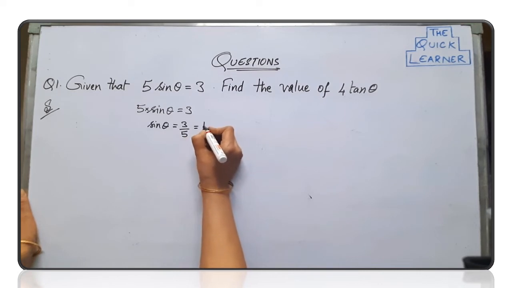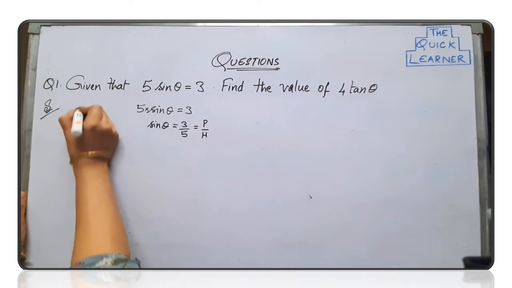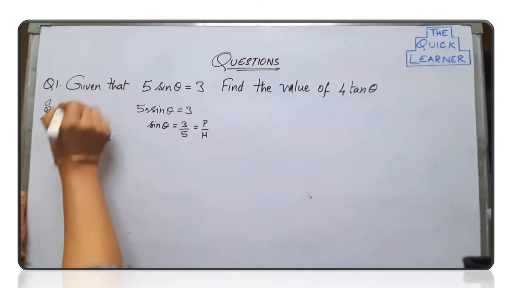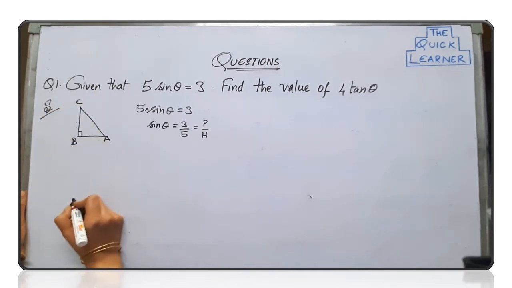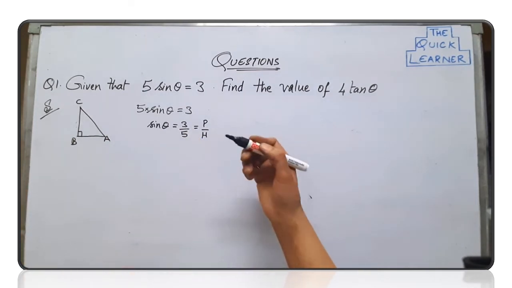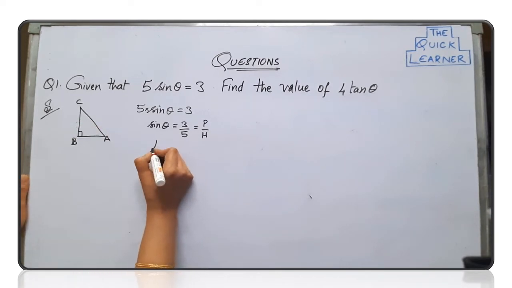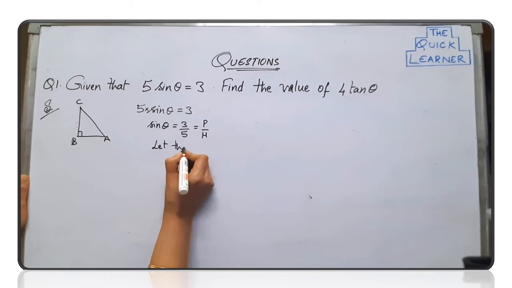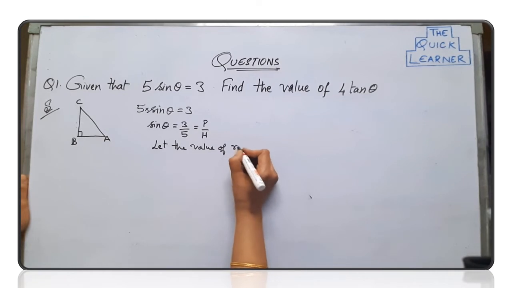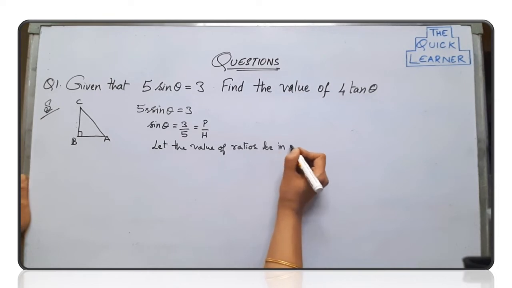So what is this ratio? Perpendicular upon hypotenuse. So if this is the right angle triangle and this is A, B and C, right angled at B, since they are given in the ratio 3 and 5 and no units have been mentioned, let the value of the ratios be in k.